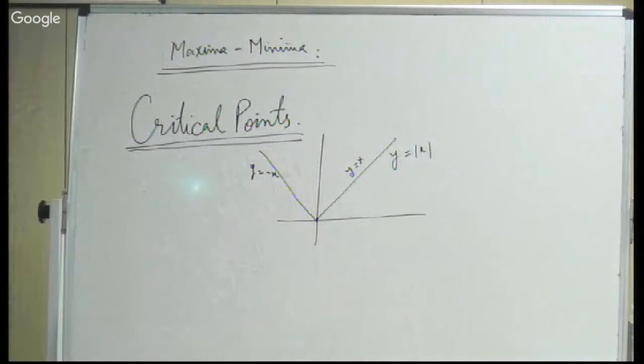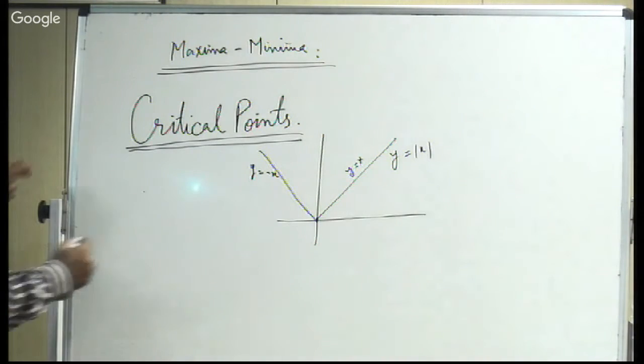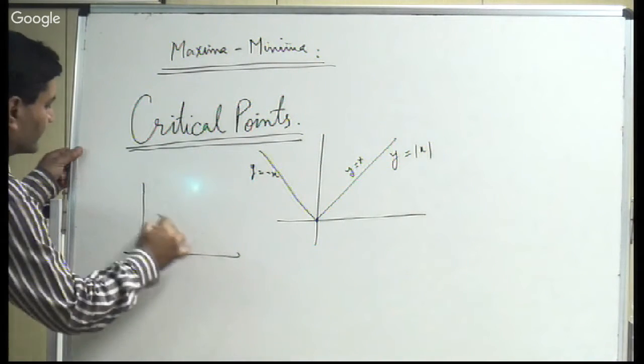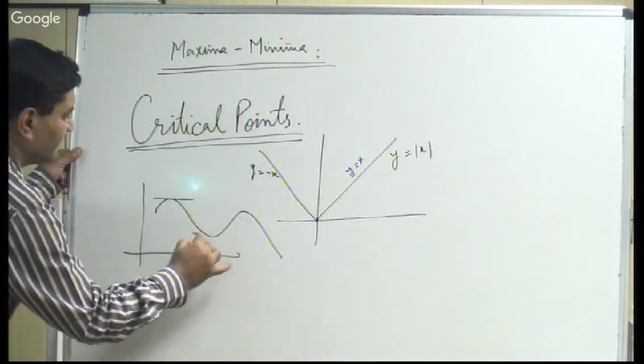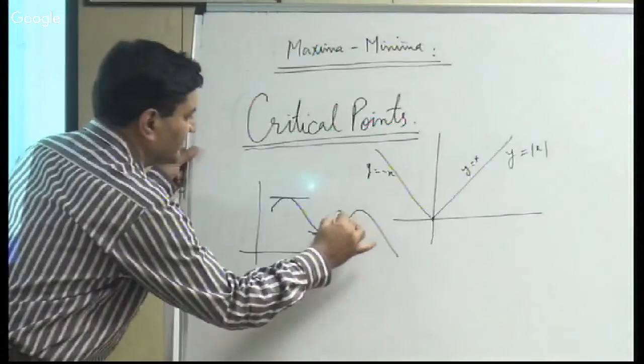Now in this case, you will find that there is no point where the derivative is becoming 0. The derivative will vanish only at those points where the tangent is parallel to the x-axis. Like if you consider this curve, now here you have got 3 points where the derivative is becoming 0.